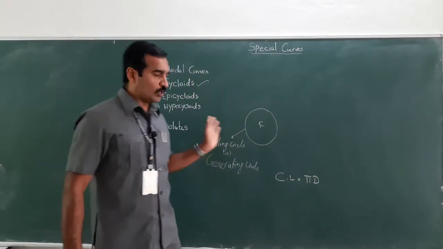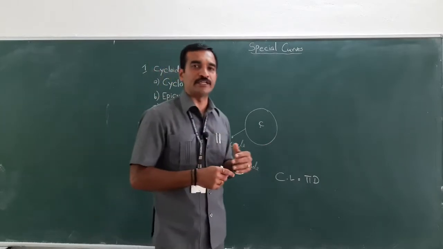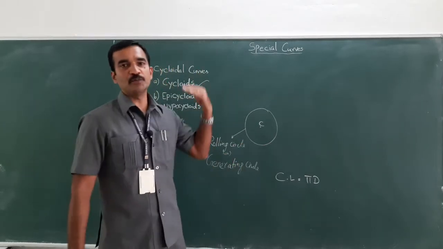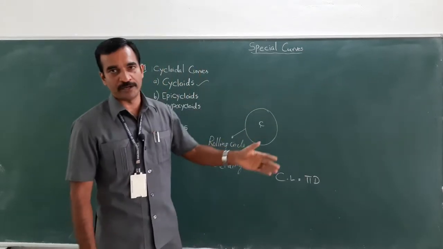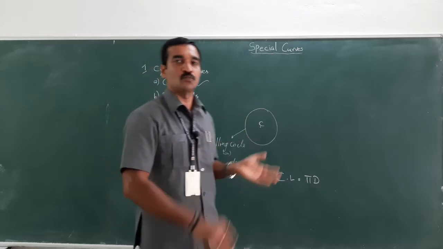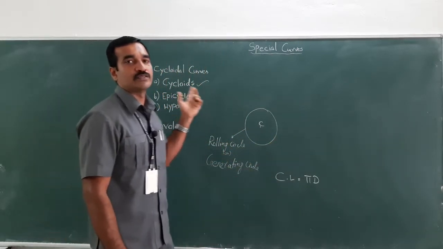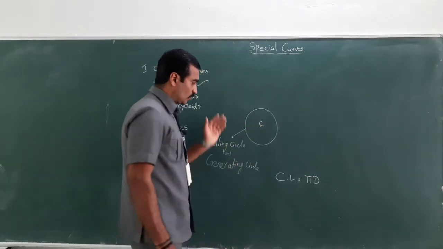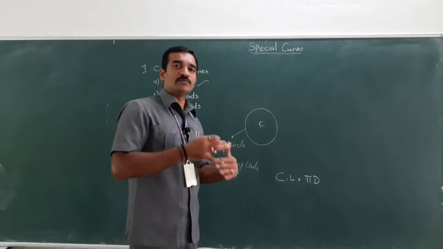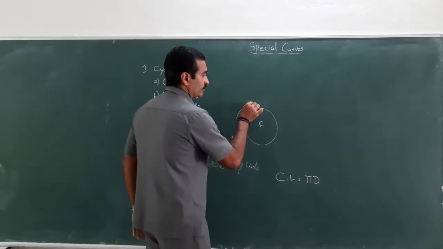When the rolling circle completes one full revolution, it traces numerous points on the space. So, I am going to trace that point. By tracing those points, we will get the curve which is nothing but the cycloid. Right. So, this is the rolling circle, which we always assume rotates in the clockwise direction.